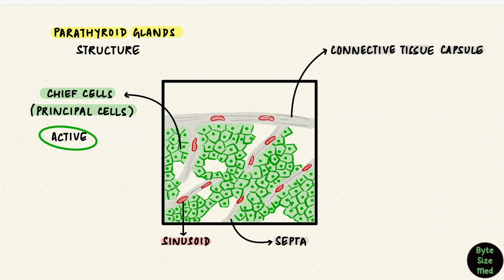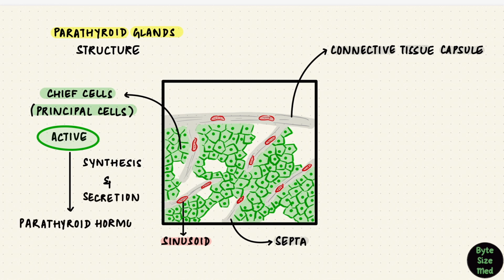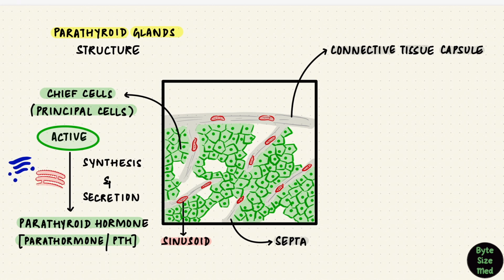Active meaning they are synthesizing something, a protein which will eventually form the parathyroid hormone, also called parathormone. So the chief cells synthesize and secrete PTH. Thus, under an electron microscope, they will have well-defined Golgi apparatus, extensive rough endoplasmic reticulum, and secretory granules.